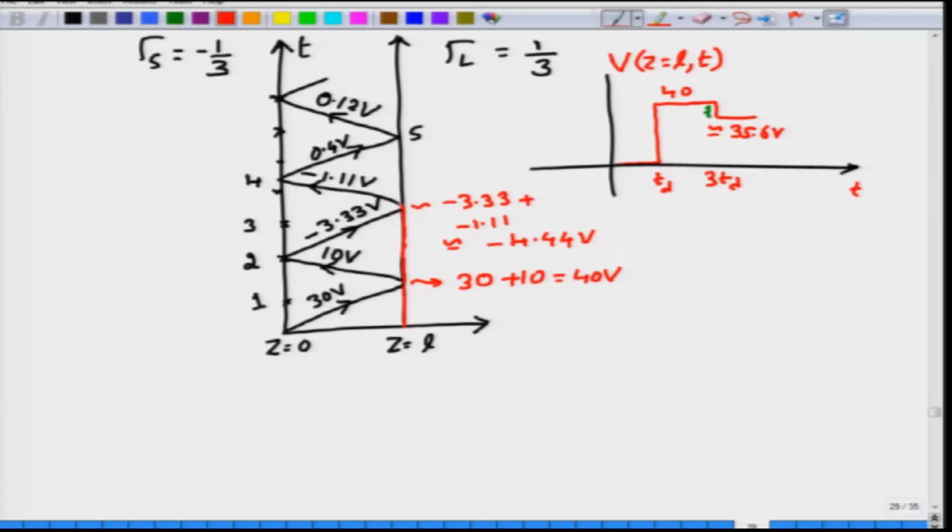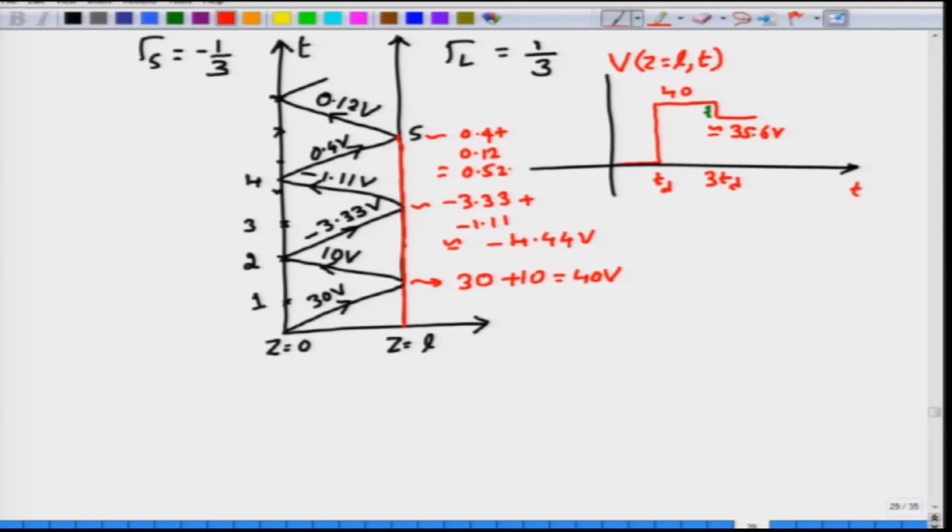As this journey continues, we do not see anything until 4 Td, 4.1 Td and so on, until we hit upon 5 Td. So, at 5 Td what do we have? We have an additional partial wave which is 0.4 plus 0.12 volt, which is approximately 0.52 volts.